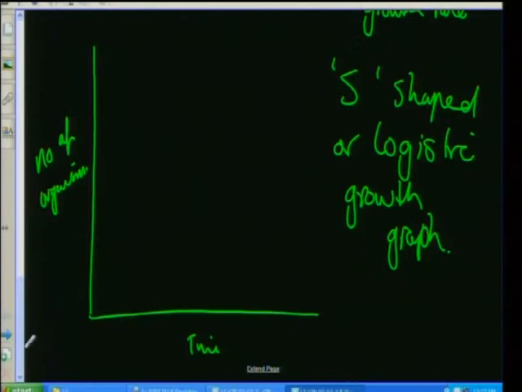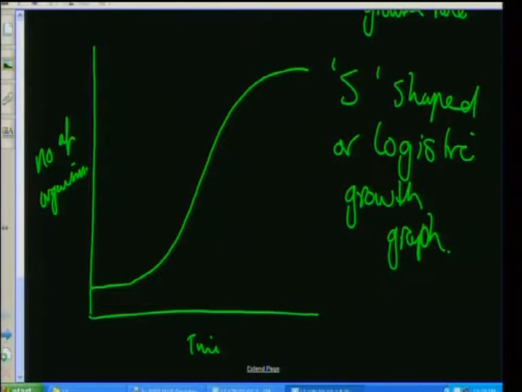So again, we start off with 10 or 15 little organisms, and they acclimatize, and then they go up, and it does that. And there's your S shape.